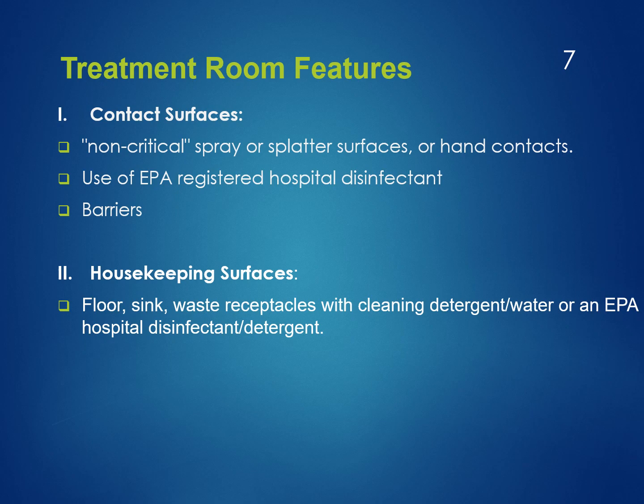Contact surfaces can be disinfected with an EPA hospital level disinfectant, but we also want to use barriers whenever possible. Some of these surfaces can include light switches, drawer handles, faucets, pens, pencils, doorknobs, and some of the items that we think of in our treatment rooms. Looking at some of our housekeeping surfaces, floors, sinks, and waste receptacles, these can be cleaned with a detergent or an EPA level disinfectant.